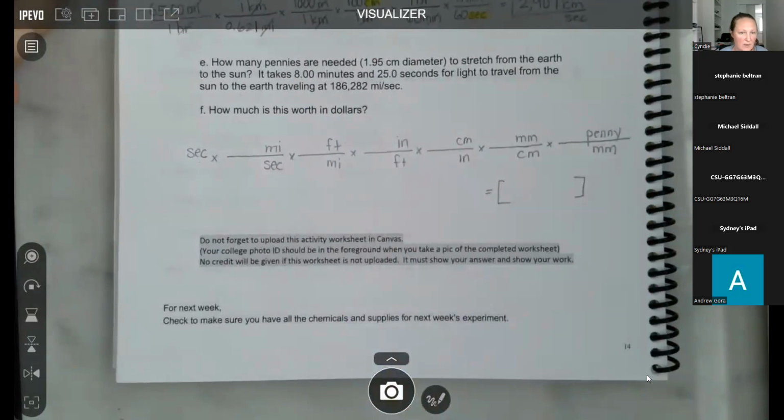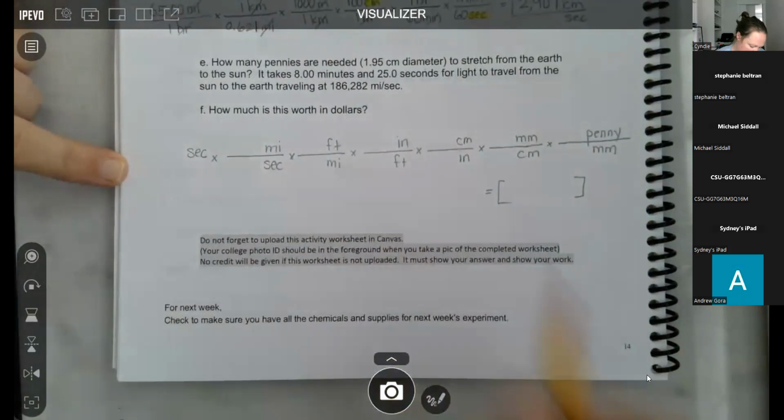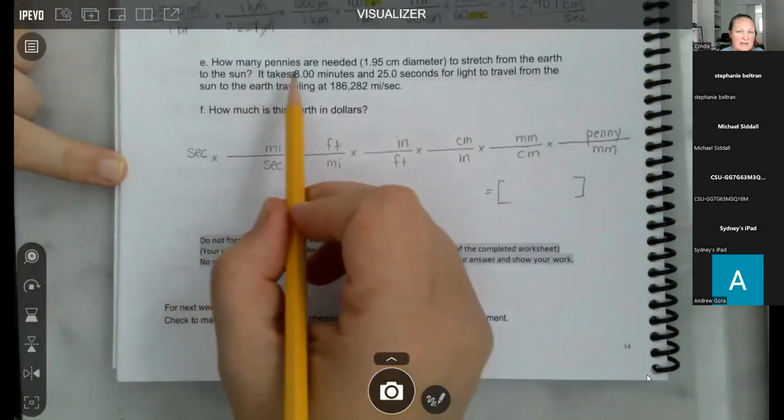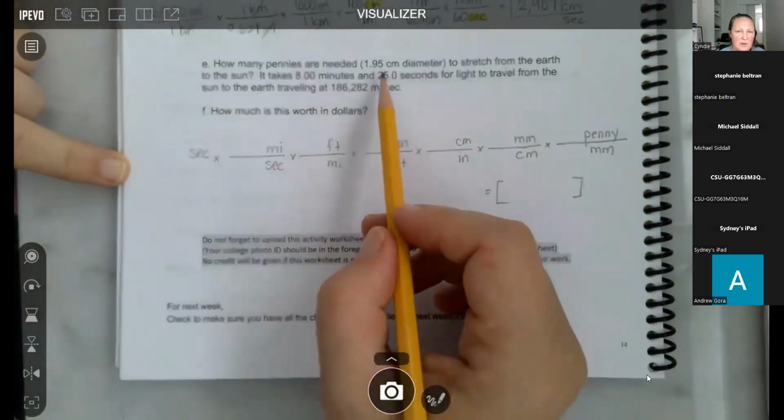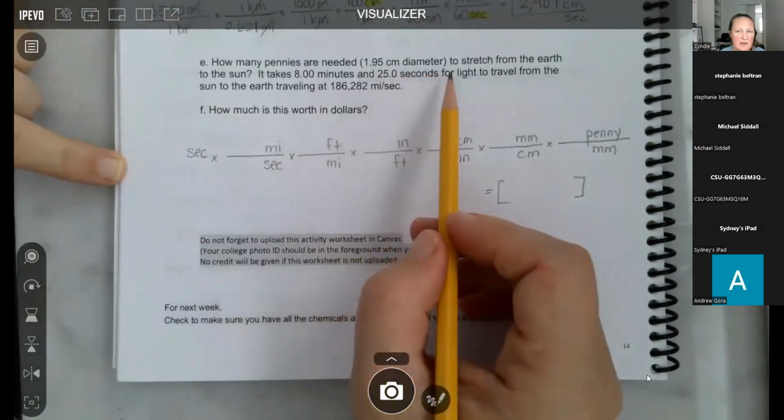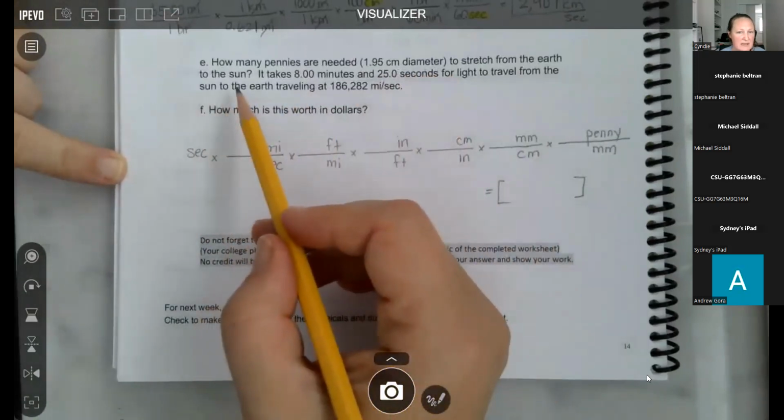So we are going to start off with the number of seconds and then look for all of these conversion factors. Let's read through the question. How many pennies are needed, each one having a 1.95 centimeter diameter, to stretch from the earth to the sun?